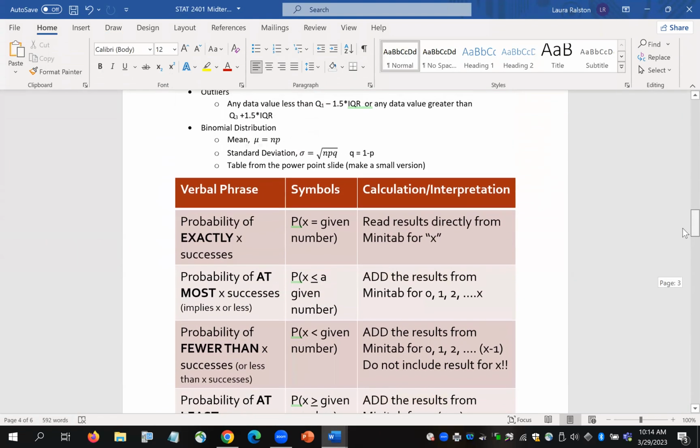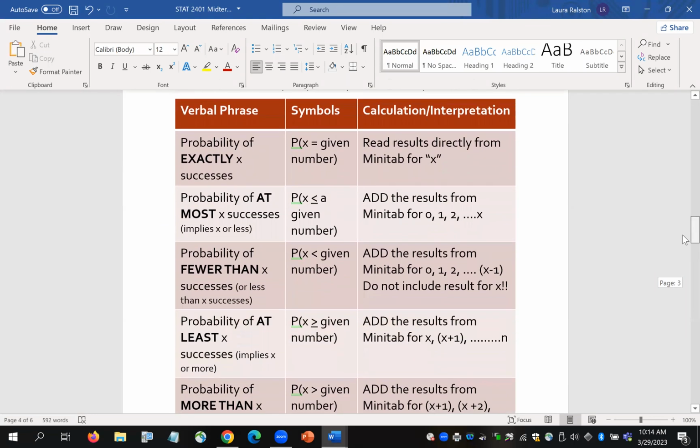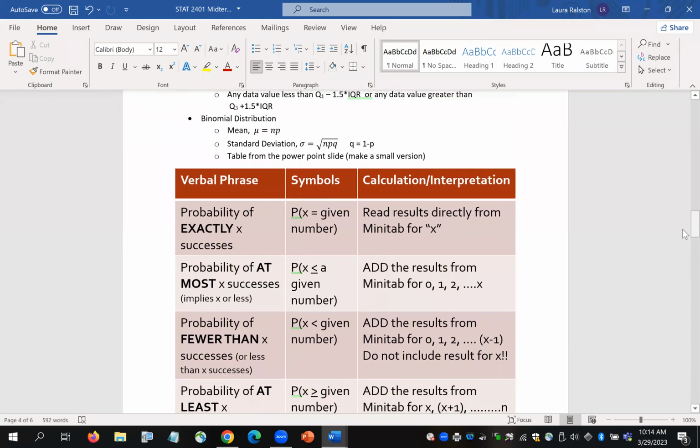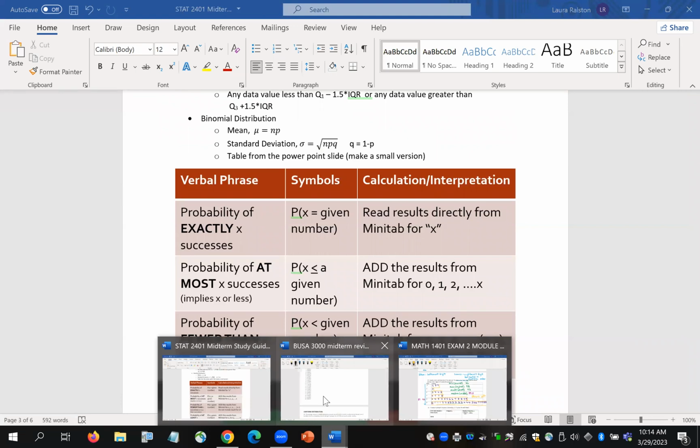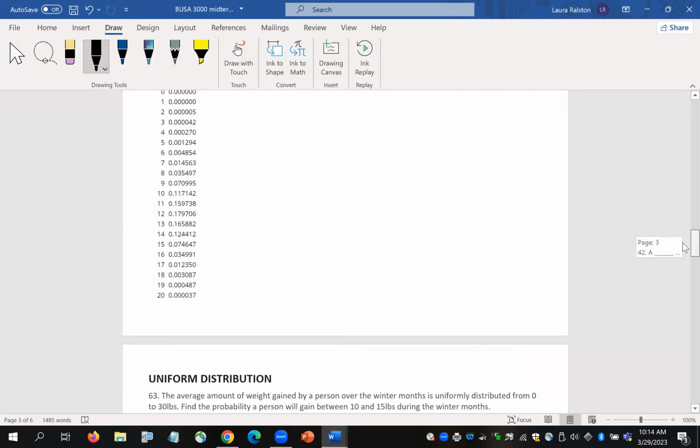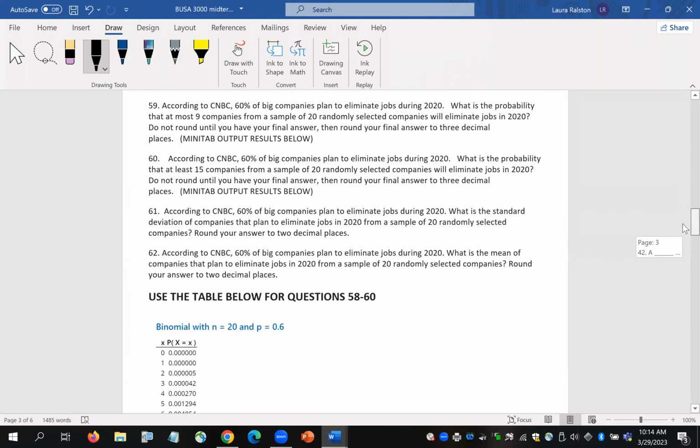This chart? Yes. Okay, that chart is directly related to the binomial distribution. Remember, this chart tells you how to solve the problem. Okay, let's go over to the review sheet.